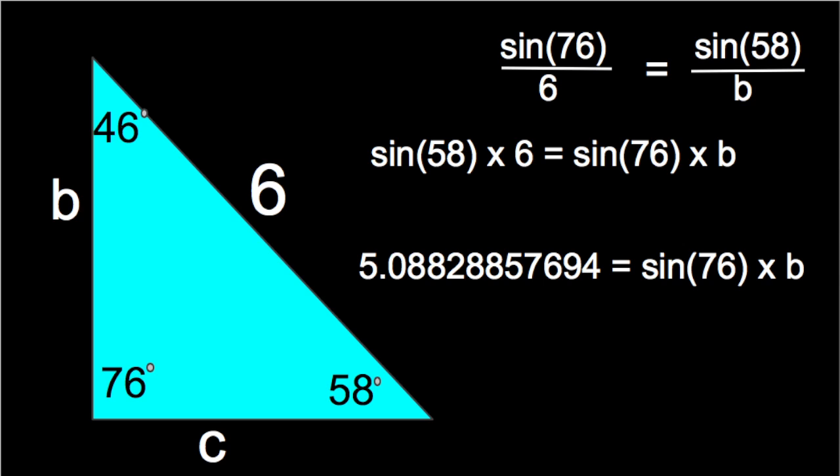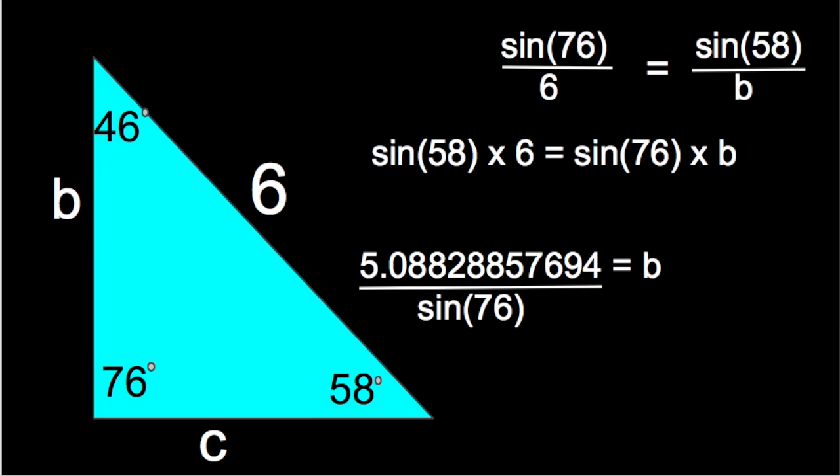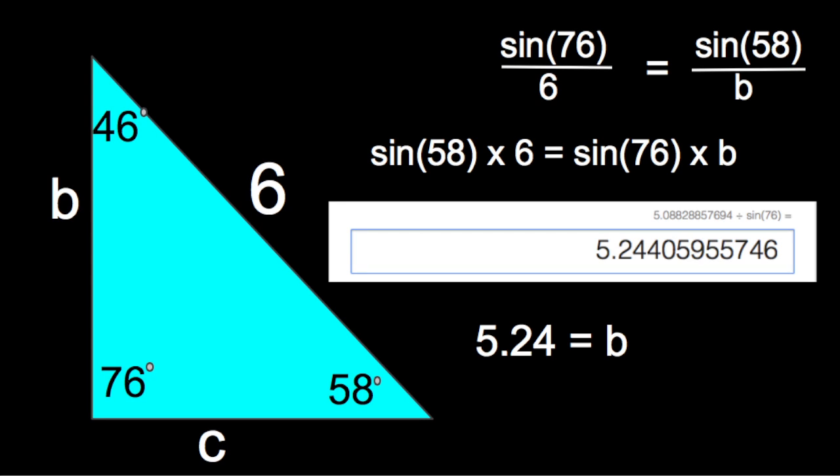Now that we have this number, we need to divide this number by the sine of 76 so that we can get B alone and we can figure out what it equals. So now let's try inputting this into our calculators. So now when we input this into our calculators, we get 5.244 and so on. So when we round this number, we can come to a conclusion that the side length of B equals 5.24.